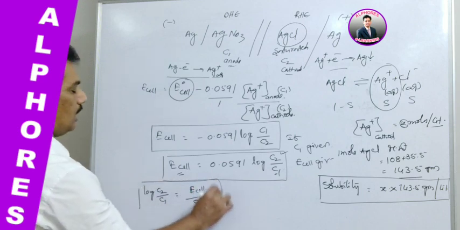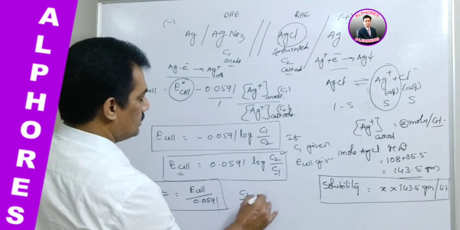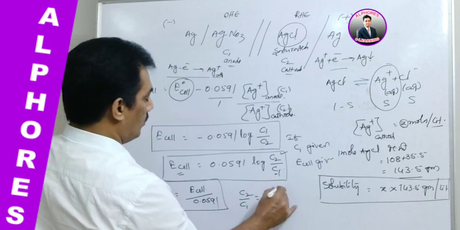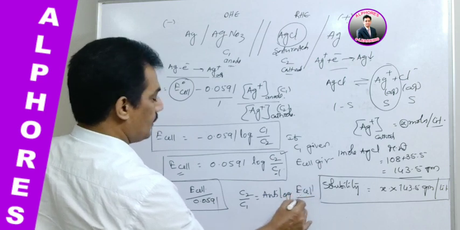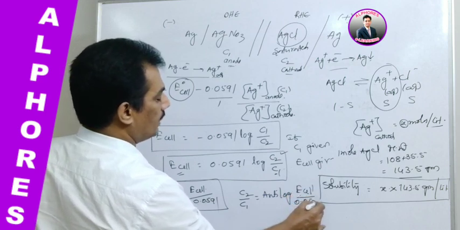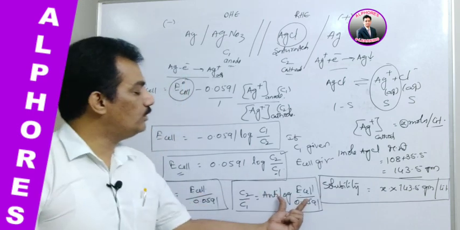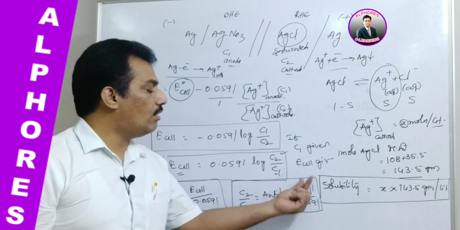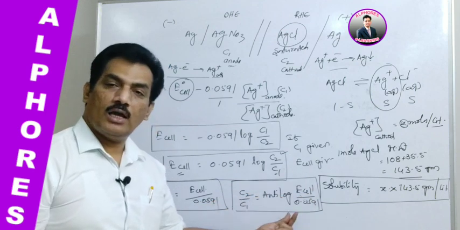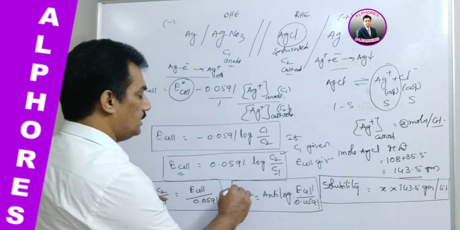So C2 by C1 is equal to the anti-log of E cell by 0.0591. After finding this value, if we know C1, then C2 is nothing but the anti-log of E cell by 0.0591 into C1. Like that we can get C2.